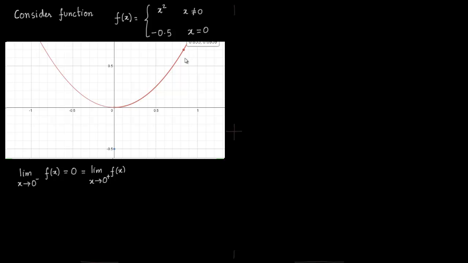Now again we do it from the positive side. Now we are approaching 0 from the positive side. So we are saying the limit as x tends to 0 from the positive side of f(x). As we get closer and closer to 0, f(x) also becomes 0.